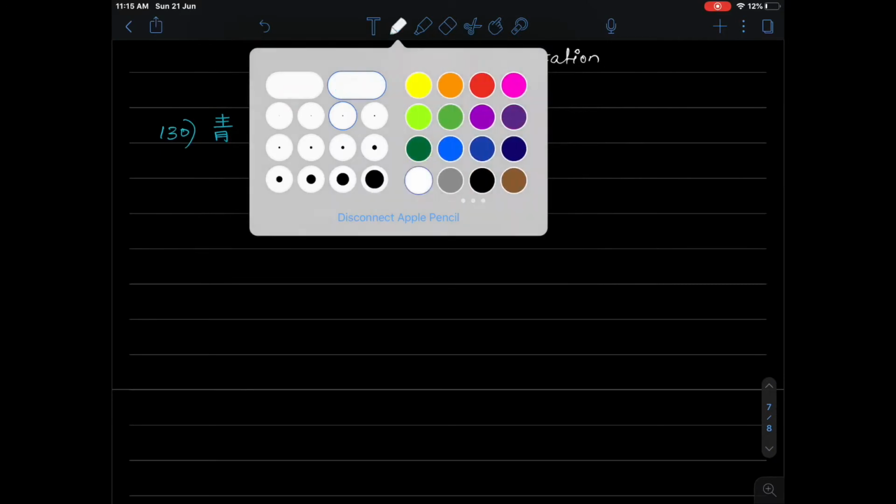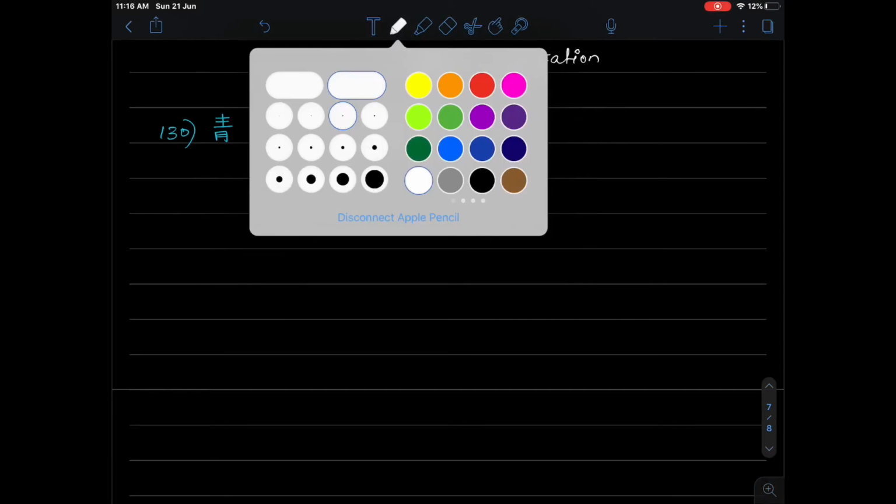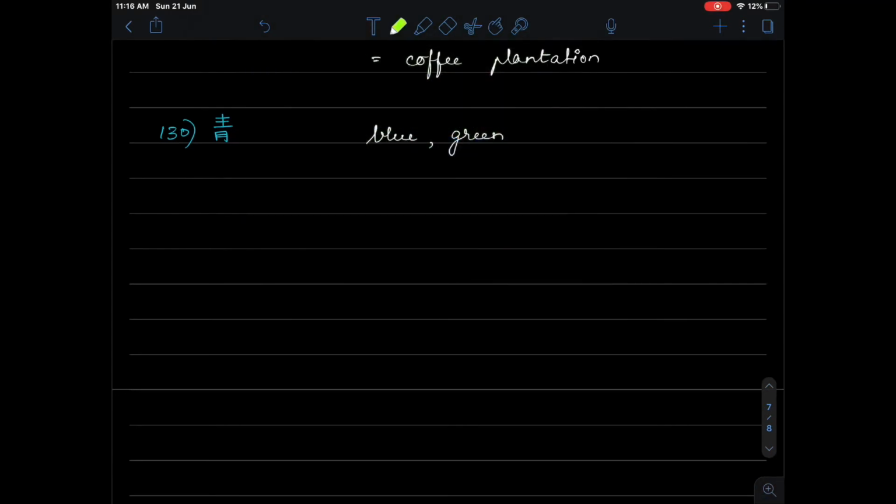Okay, the meaning is blue or green. It can mean both. Okay. It's a bit difficult to tell you the mnemonic for this. So for now, just try and remember that this means blue or green. We will straight away move into the on and kunyomi.